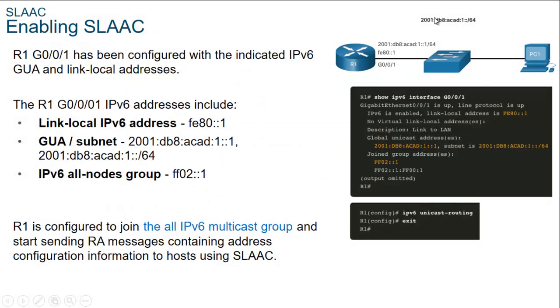In the topology, we can see that we have PC1 attached to R1, and R1 interface G0/0/1 has been configured with the IPv6 GUA and the link-local address.